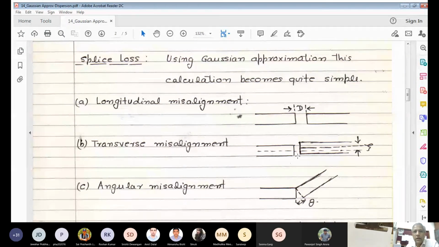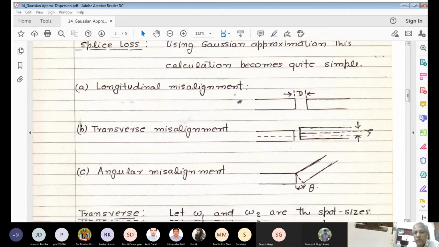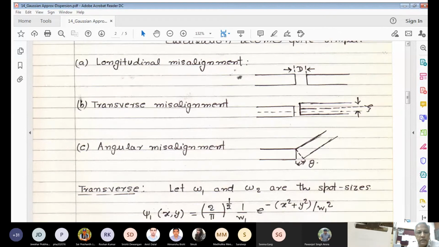Suppose I have a tolerance of, say, 0.1 dB in the loss. I should find out what misalignment will cause 0.1 dB loss, right? And similarly, angular misalignment is also possible, where the two fibers are joined slightly at an angle.